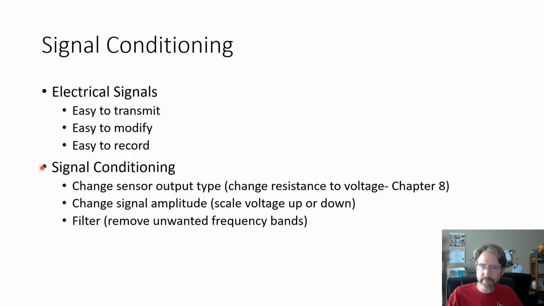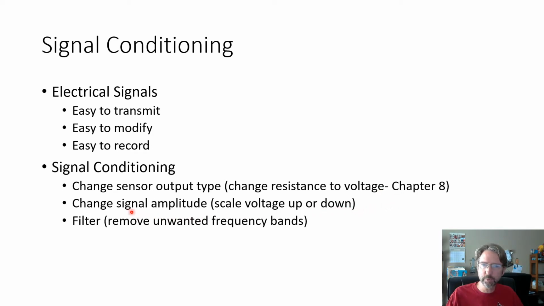So signal conditioning is a way to change the output of the sensor into something more useful for our system. You can either change the output type. For example, if you have a sensor that changes resistance with its input, you can switch that to a voltage output. That's more in Chapter 8.